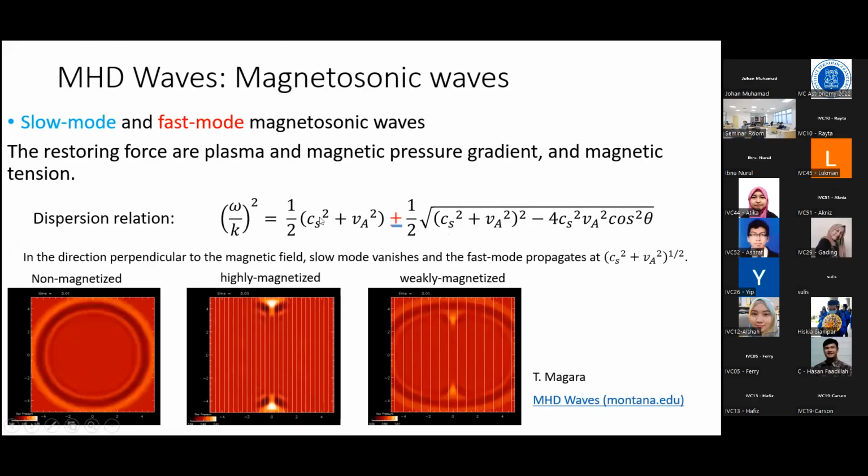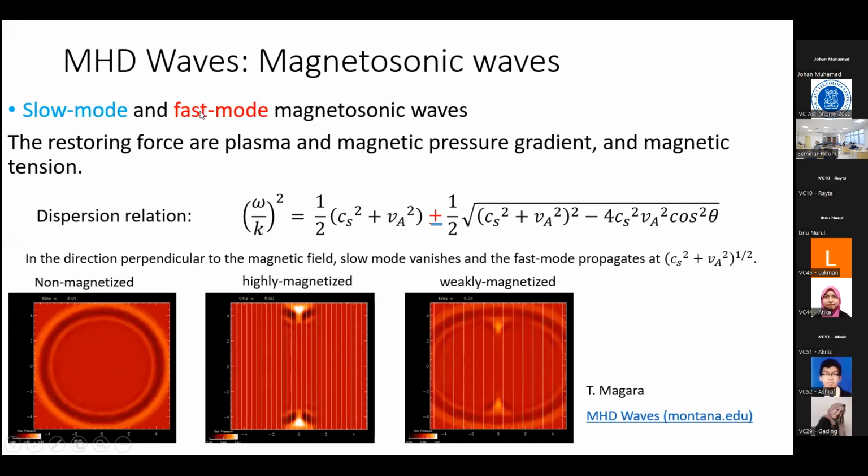As you can see here, the red one represents the equation for the fast mode, and the blue one, the minus sign here, corresponds to the slow mode wave. So if we want the dispersion relation of the fast mode magnetosonic wave, we use the plus, and if we want the slow mode magnetosonic wave, we use the negative sign.